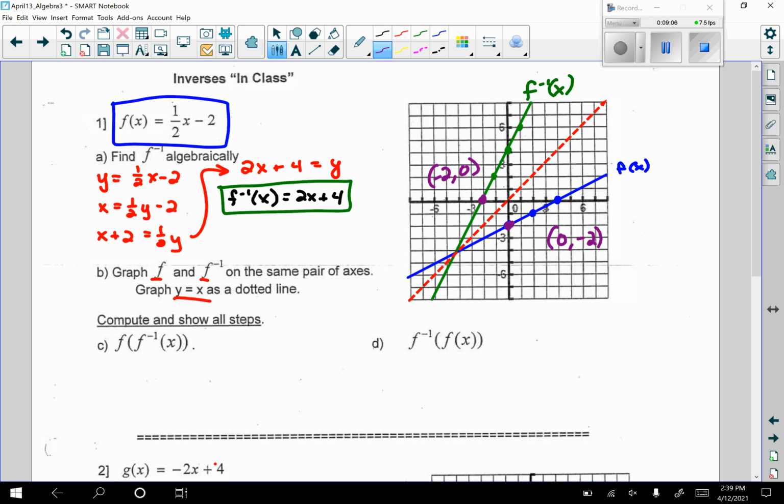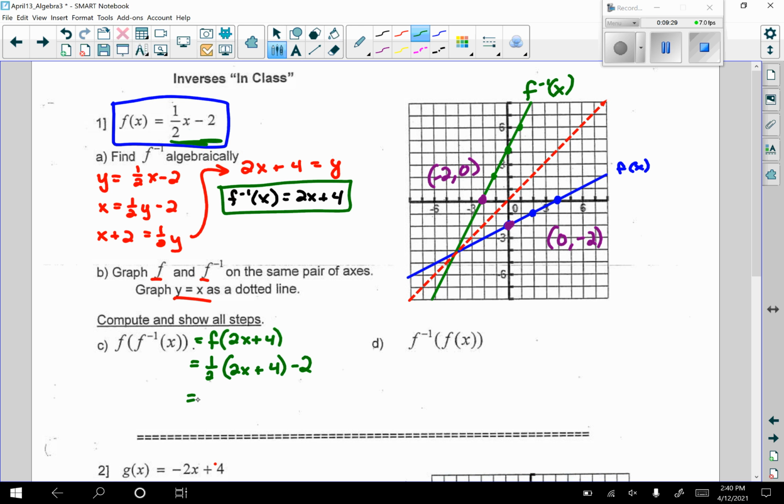Another way is by composition of functions. So we want to compute and show all steps. This is the notation we saw yesterday. So just rewriting this, this becomes f of my inverse, which was 2x plus 4. So now I'm going to substitute this right up here into 1/2 x minus 2. So I'm going to get 1/2 times the quantity 2x plus 4, minus 2.